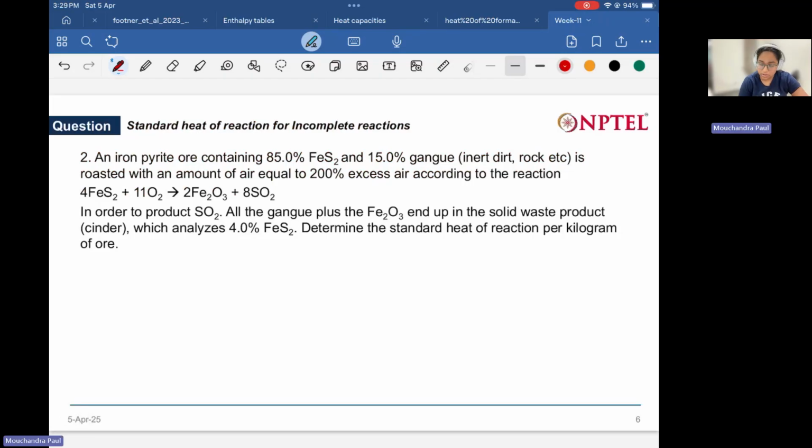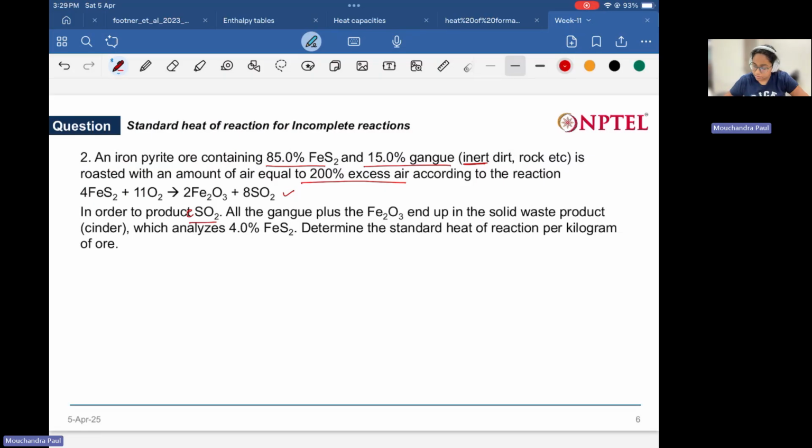So here you have to calculate the standard heat of formation for incomplete reactions. There is an iron pyrite ore that contains 85% FeS2, 15% Gangue, which is basically inert rock, dirt, etc. It is roasted with an amount of air equal to 200% excess air, according to this reaction, in order to produce SO2.